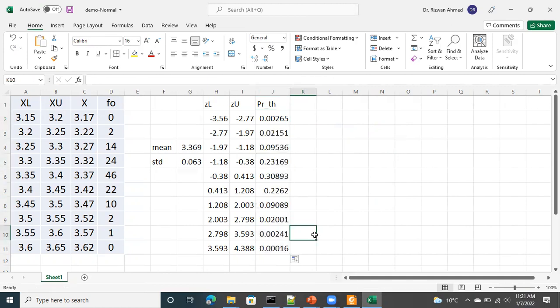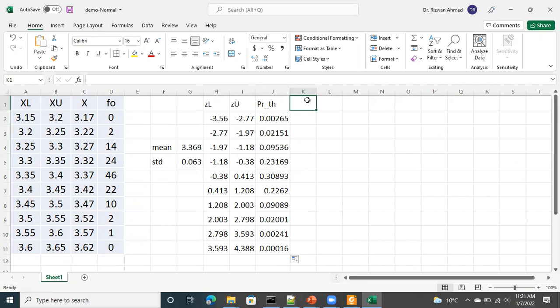And then we repeat that procedure. It's just like a loop calculation. Now we compute the theoretical frequency. Please notice that these probabilities have been computed by considering the mean value and standard deviation, so they really represent the normal distribution, but we are not sure about the data.